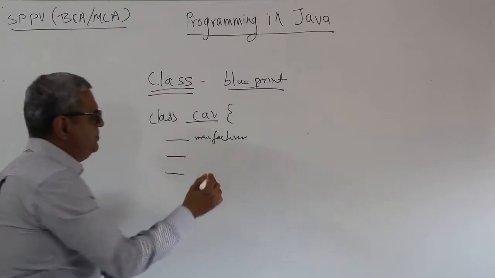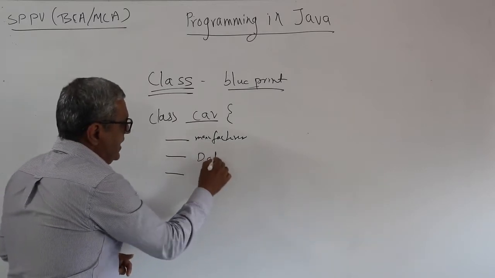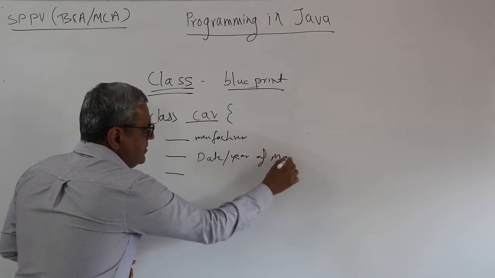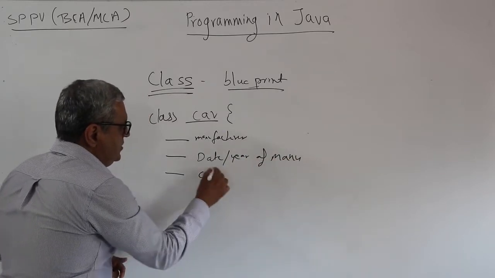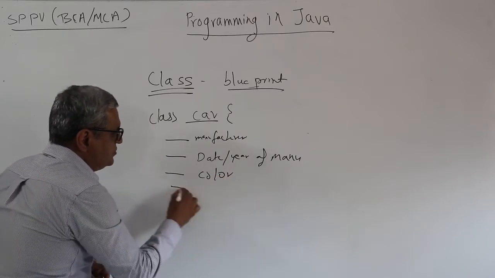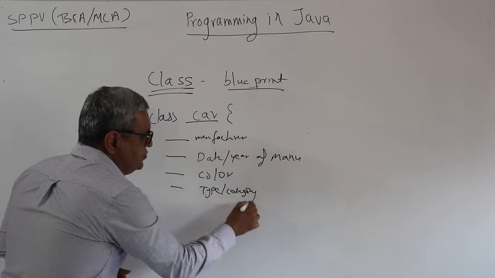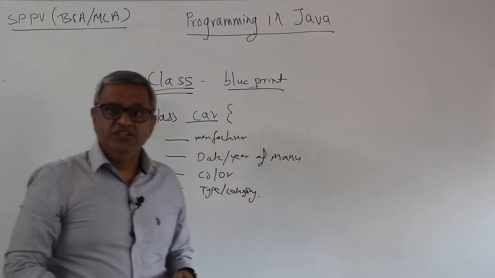Second attribute could be date and year of manufacturing. Third attribute could be color. Fourth attribute could be category or type of car, whether it is an SUV or a sedan or a hatchback.